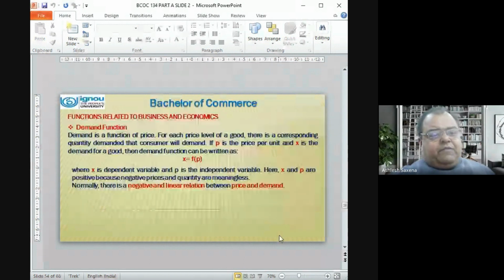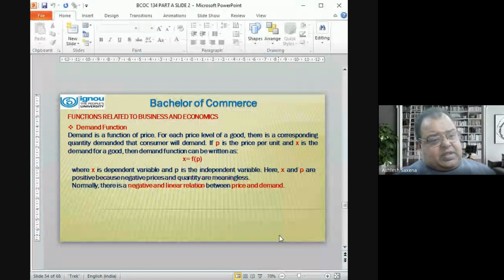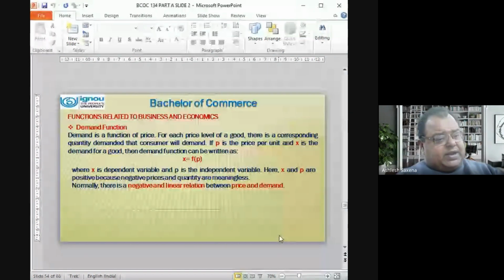Functions related to business and economics. We will start with the demand function. Demand is a function of price. For each price level of goods, there is a corresponding quantity that consumers will demand.